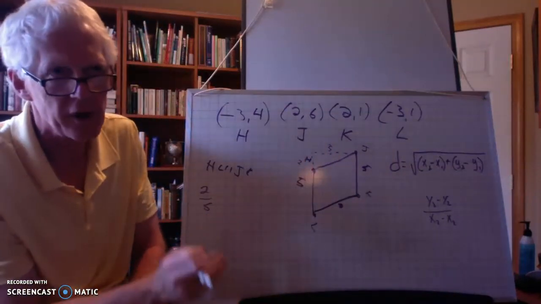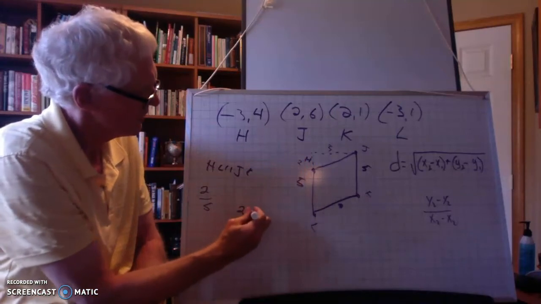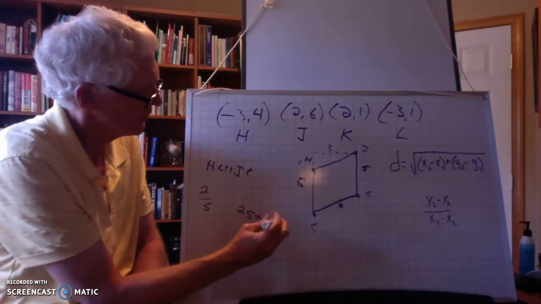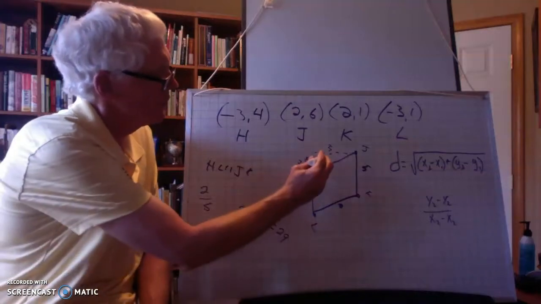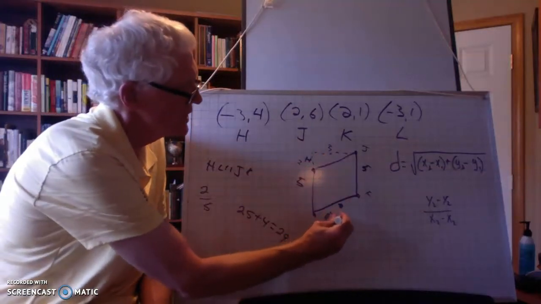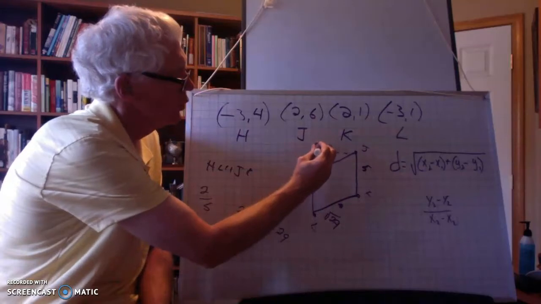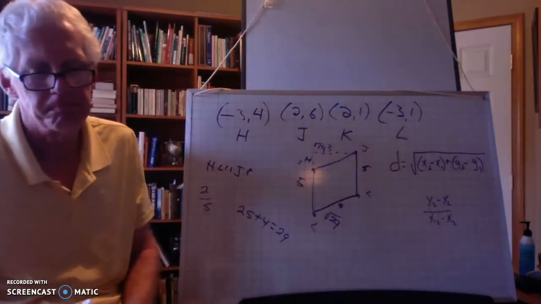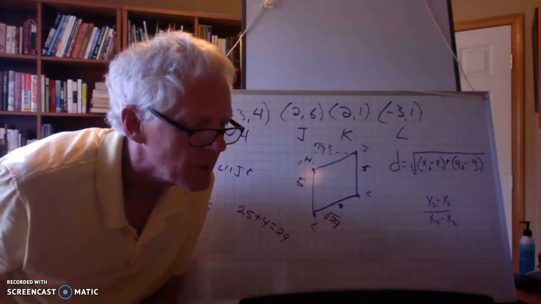The Pythagorean theorem is a squared plus b squared equals c squared. 25 plus 4 equals 29. That makes this distance root 29.